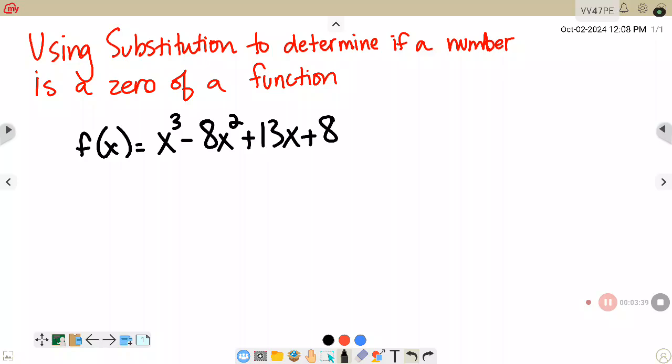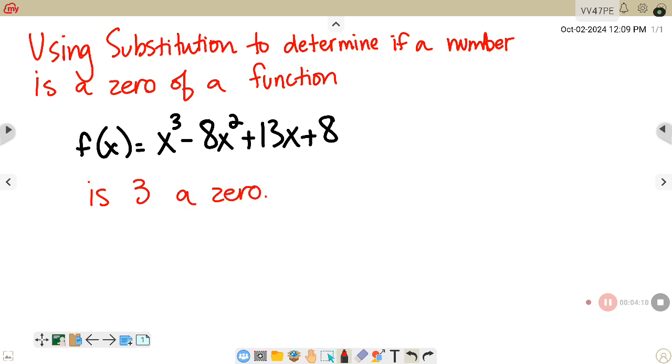All right, on this next part, we're going to use substitution to determine if a number is a zero of a function. In this question, I have f of x equals x to the 3rd minus 8x squared plus 13x plus 8. I'm going to see if 3 is a zero.